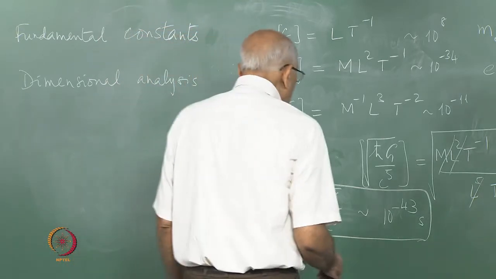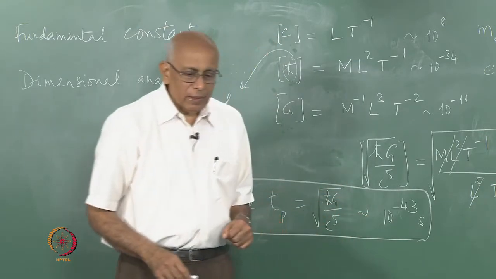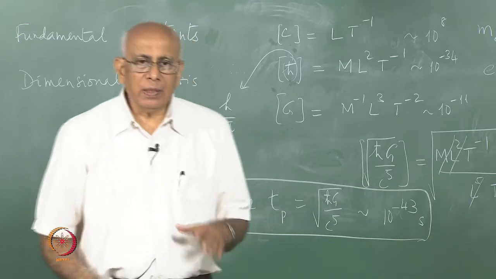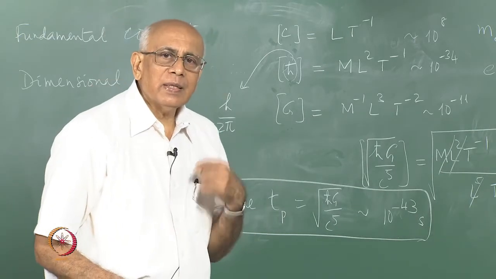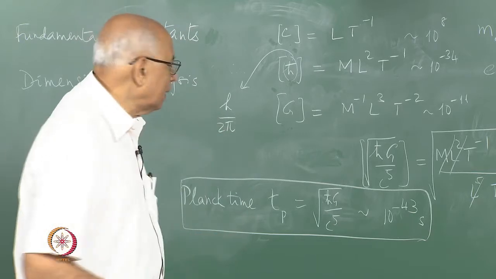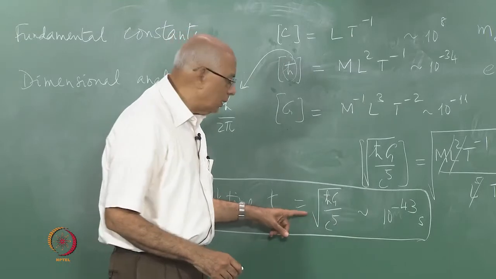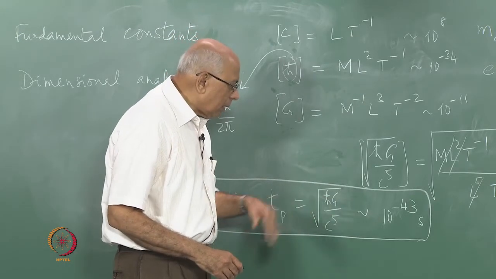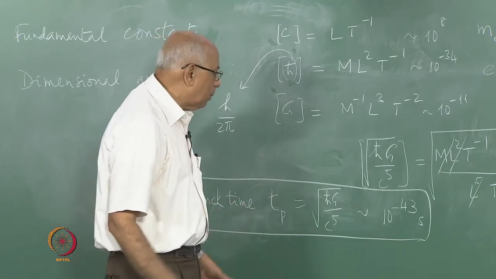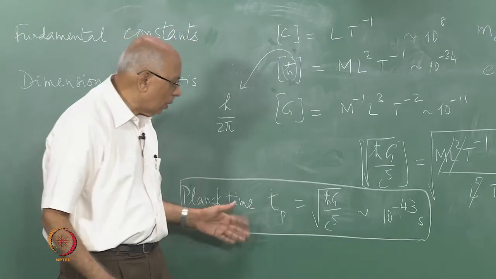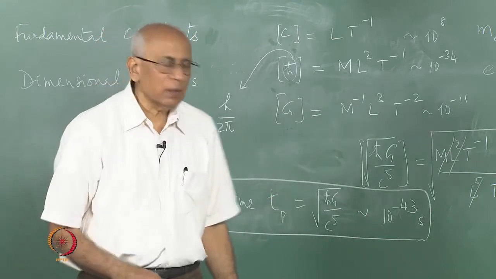And those of you who have read about the Big Bang might have come across the statement that we have a scenario for what happened to the universe after 10 to the minus 43 seconds after the so-called Big Bang, but before that it is unknown. The reason is buried in this. The fact is, and I will come back to this, the very meaning of time is lost. The present understanding of time is lost below a time interval smaller than this, and we will come back to this in a minute.